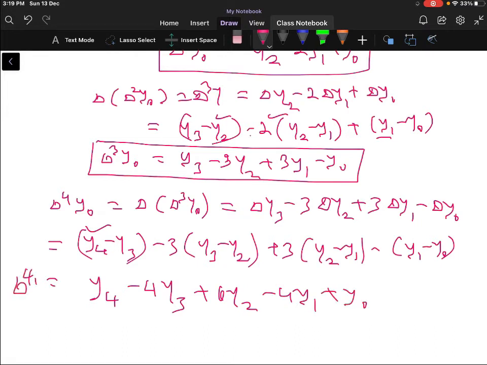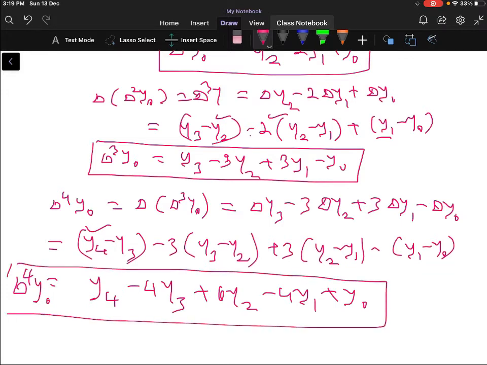So this is delta 4 y naught. The expression is y4 minus 4y3 plus 6y2 minus 4y1 plus y naught.